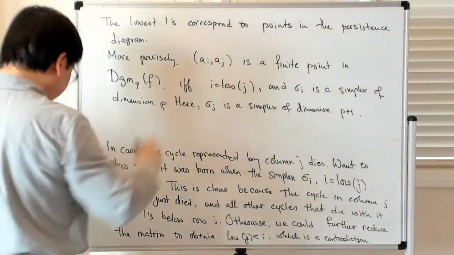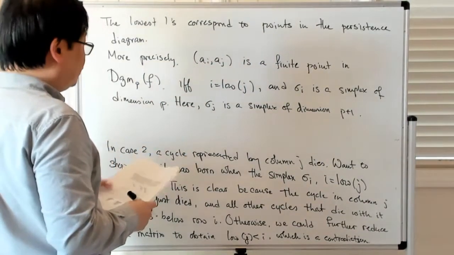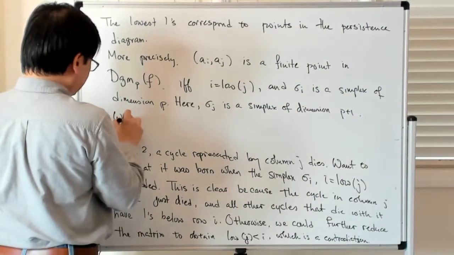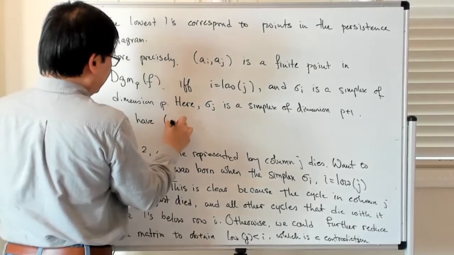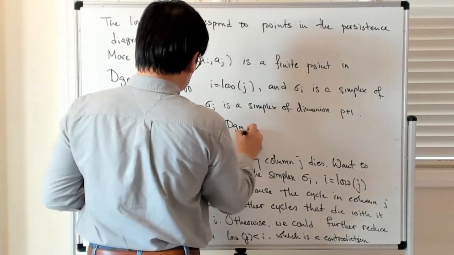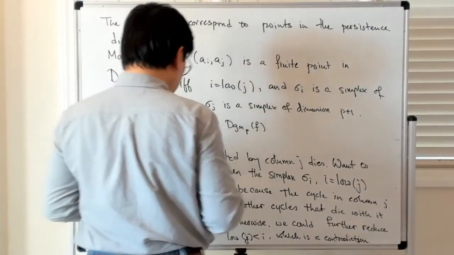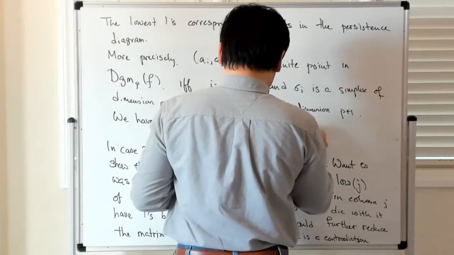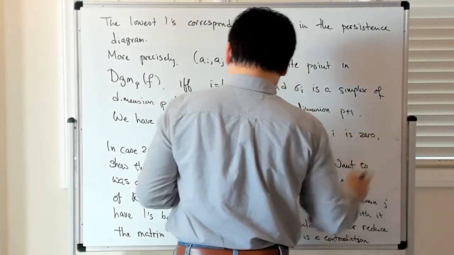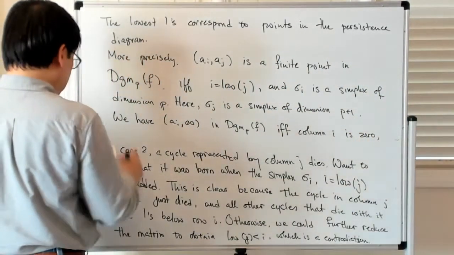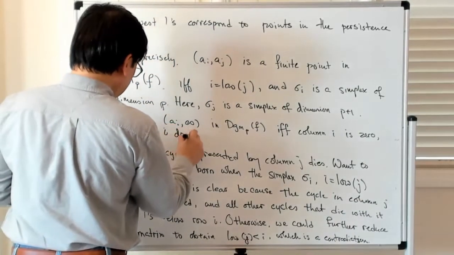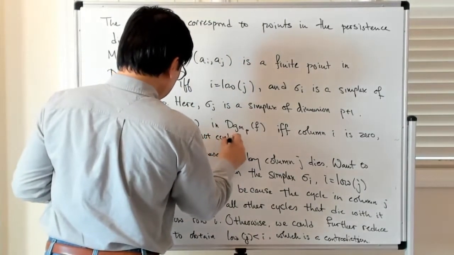This is if you have a finite point, and if you recall, there was also the possibility of things which were created which never died. So we have (a_i, infinity) in the diagram if and only if column I is 0, but row I does not contain a lowest one.